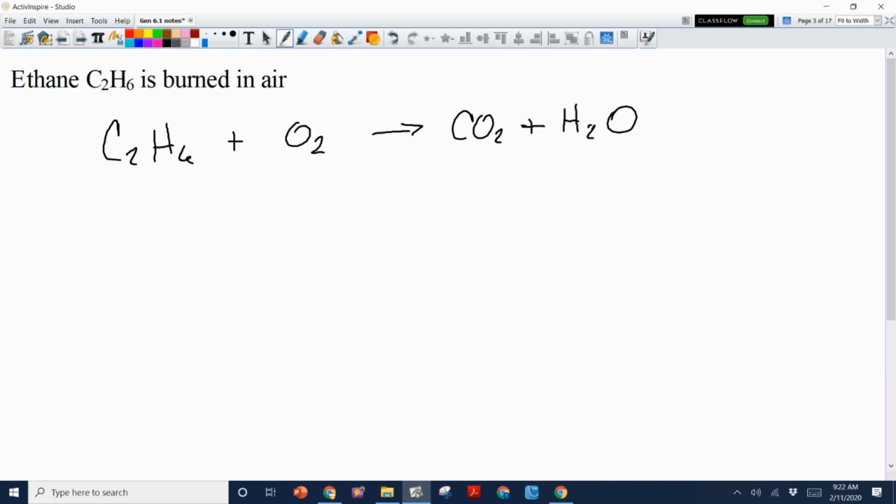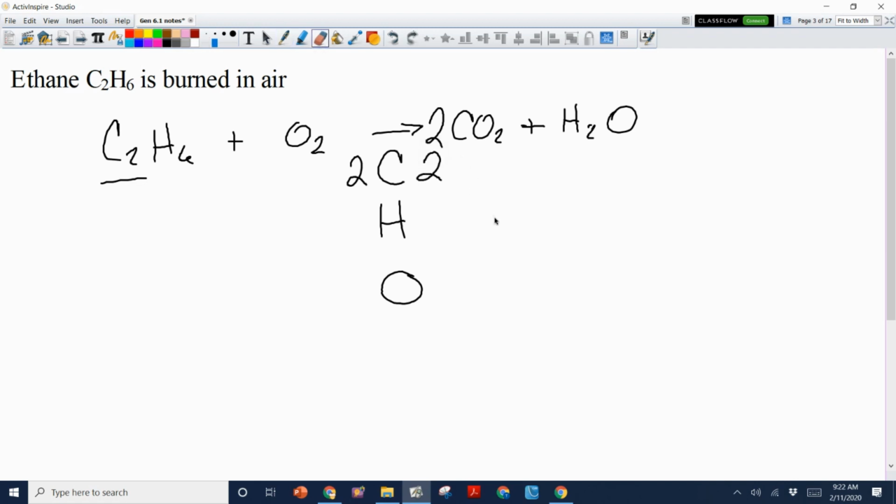All right, so this does have carbon and it does have oxygen. So we're going to do carbon first and oxygen last. All right, so 2 carbons on this side. We only have 1 carbon on this side, so I need to add a 2 there to make 2 carbons.